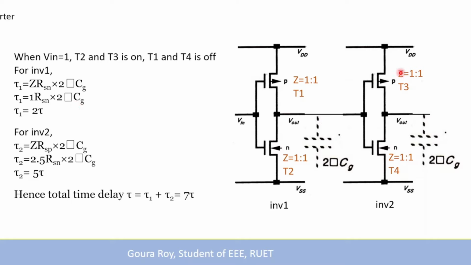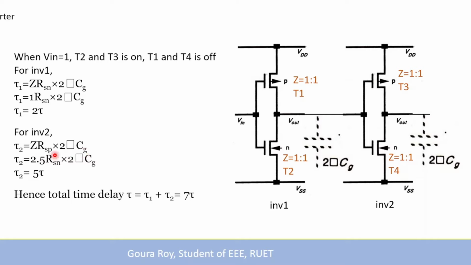For inverter 2, transistor T3 is on, so the Z value will come from this transistor, that is 1. So tau 2 is Z RSP multiplied by 2 square Cg, where Z is 1, RSP is the seed resistance for the p-channel transistor and square Cg is the standard unit of capacitance.